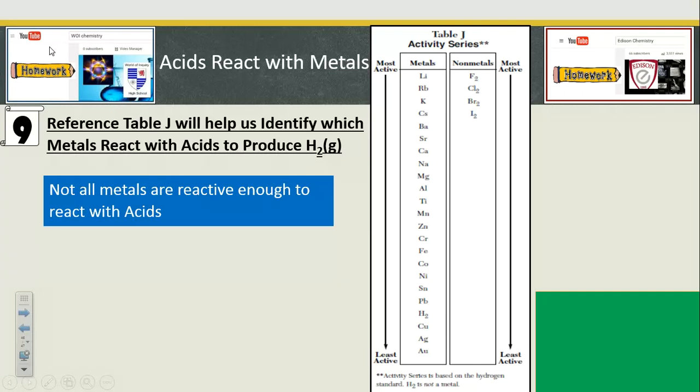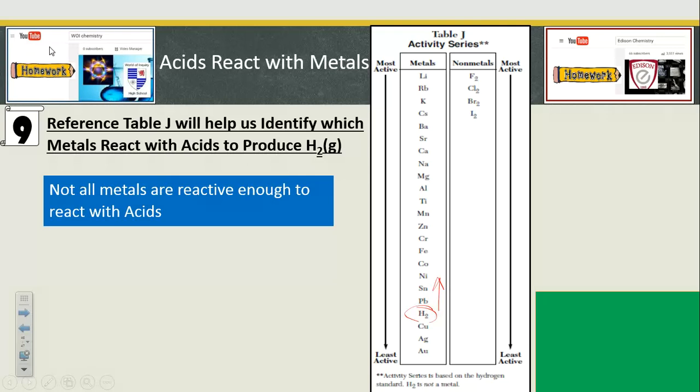And we put in H2 on the metal side of things to give you that frame of reference. So anything more active than H2, metal-wise, will react with an acid. Everything less active than H2, metal-wise, will not. So copper, silver, and gold are the only three metals that don't really react with acids.